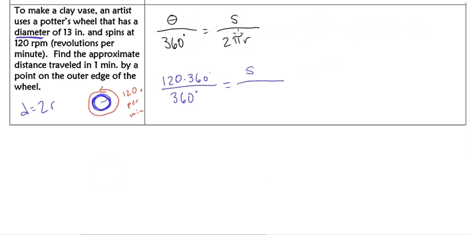Now, we don't have the radius, we have the diameter. So 13 inches. And so to get your radius, you would cut that in half. That's 6.5. But notice that you'd multiply it right back by 2 afterwards because the circumference of the circle equals 2 pi r, but that really is equal to just pi times the diameter because remember 2 times radius, that is diameter.